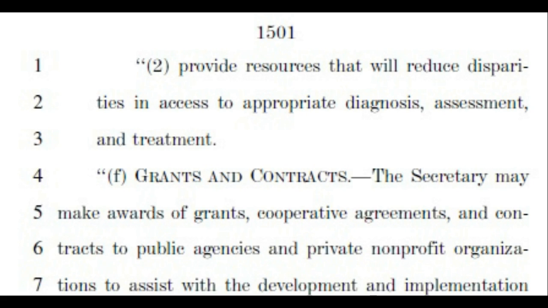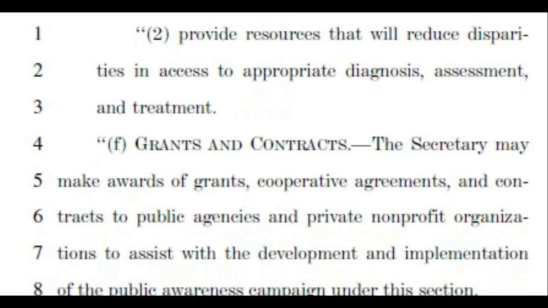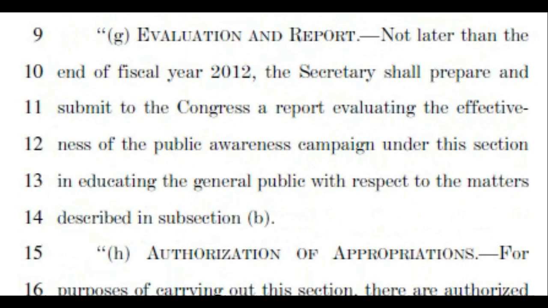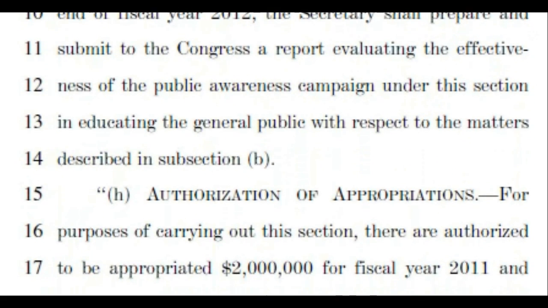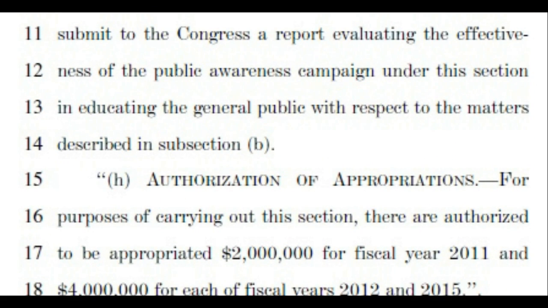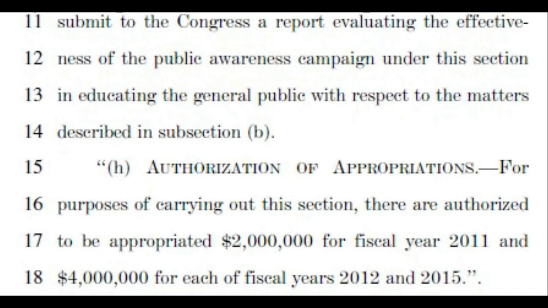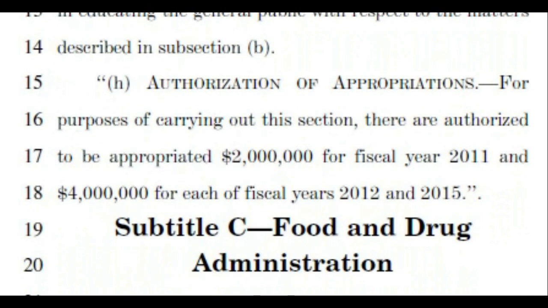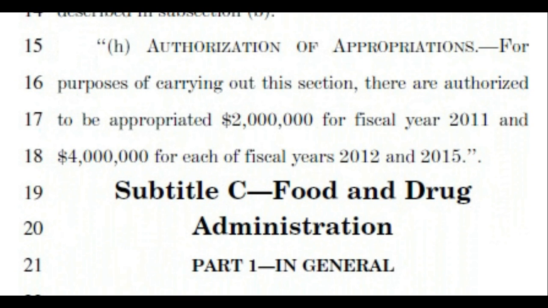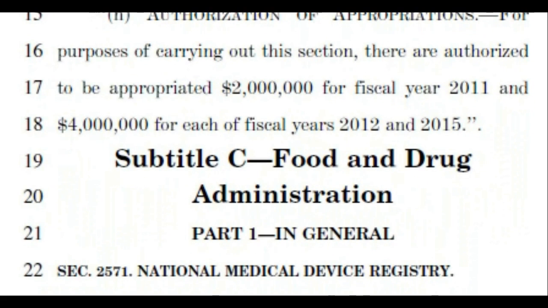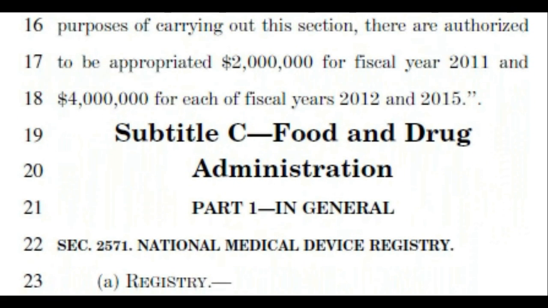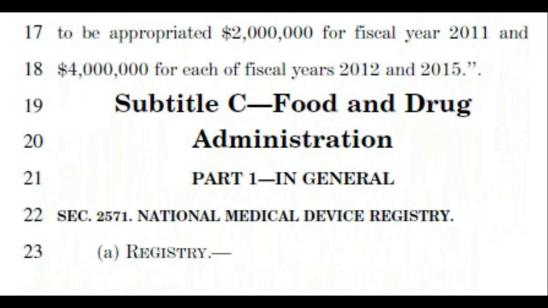criteria for the electronic exchange and use in certified electronic health records of a unique device identifier for each covered device referred to in paragraph (1), if such an identifier is required by Section 519(f) of the Federal Food, Drug, and Cosmetic Act (21 U.S.C. 360i(f)) for the device. (c) Unique Device Identification System.